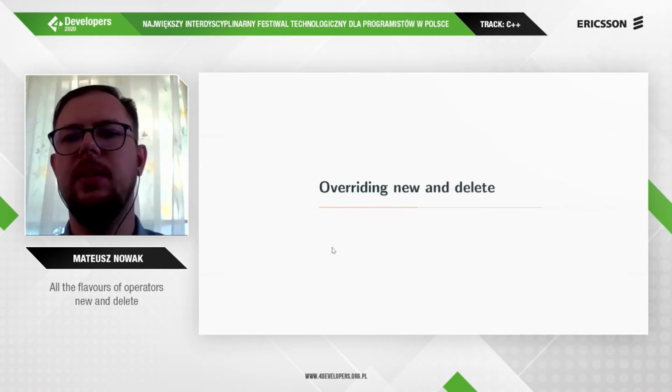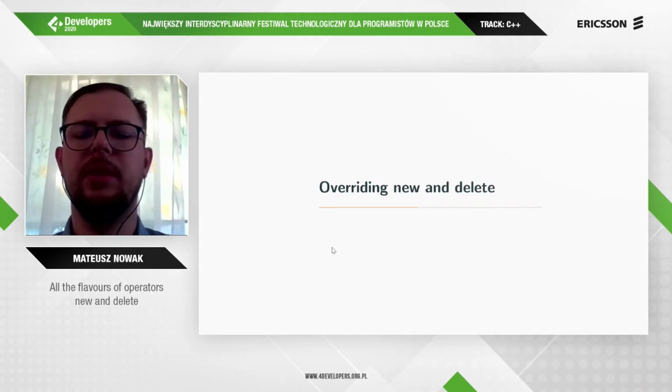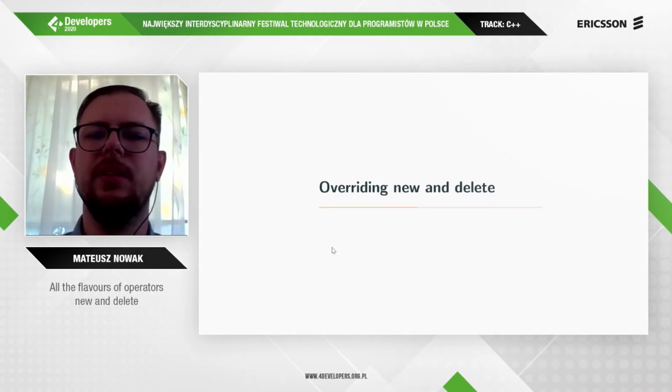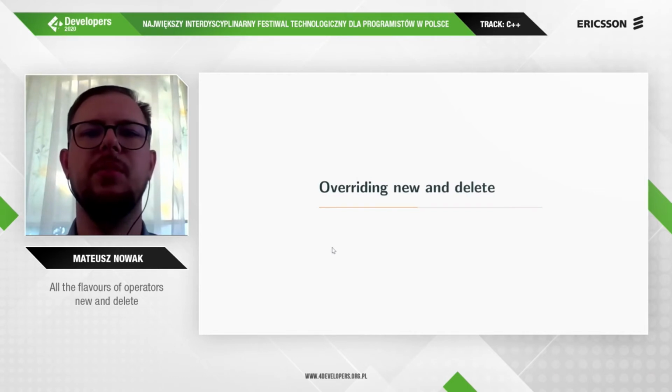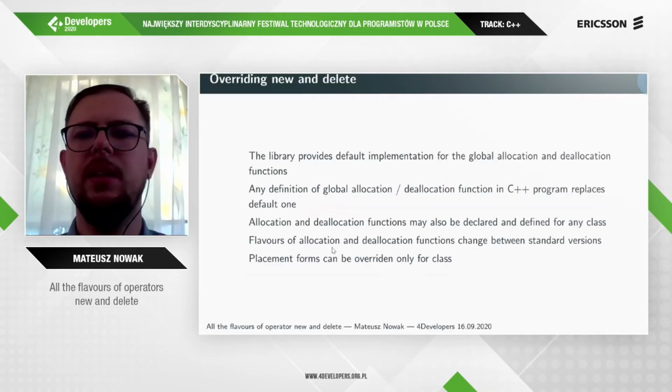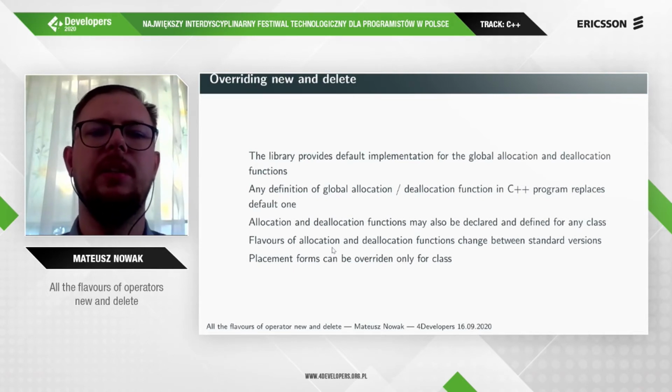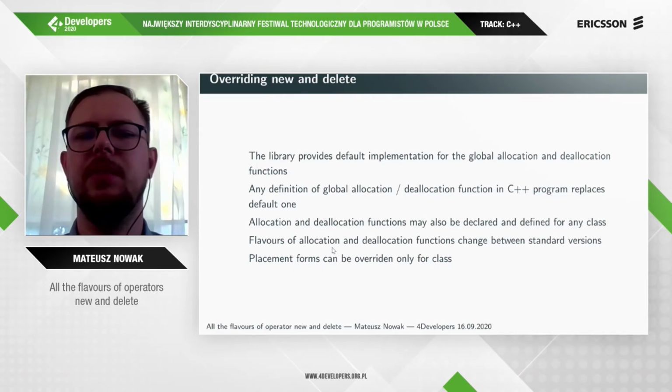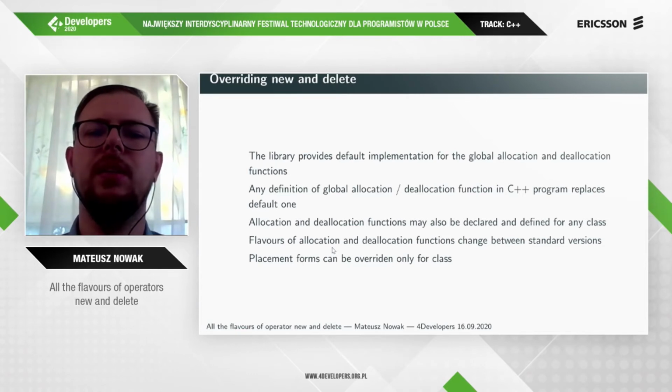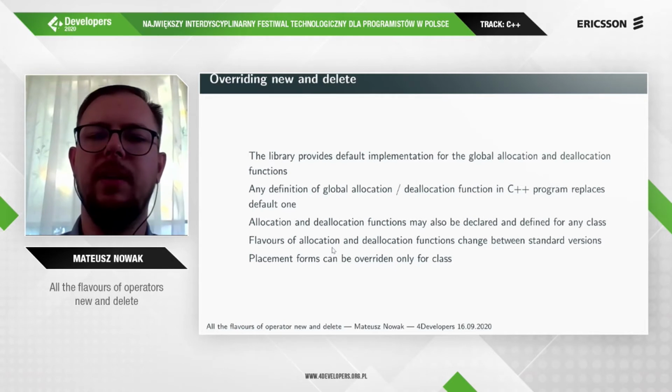Okay, so what we can do if those operators are needed is override them, and there are some rules, and there will be some examples about this. By default, the library provides default implementations for global allocation and deallocation functions, so we can always assume that those will be present, and if we try to allocate memory, it will be available there.